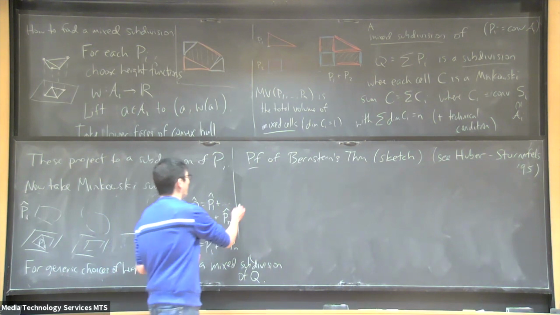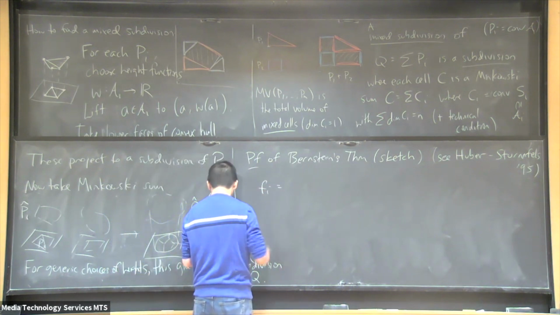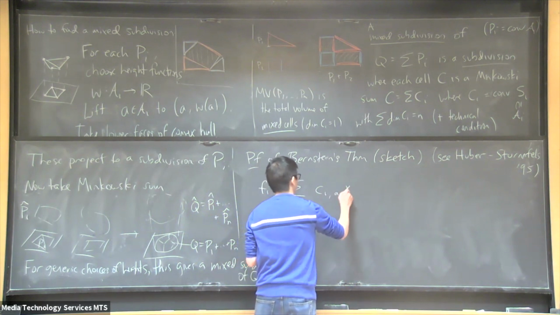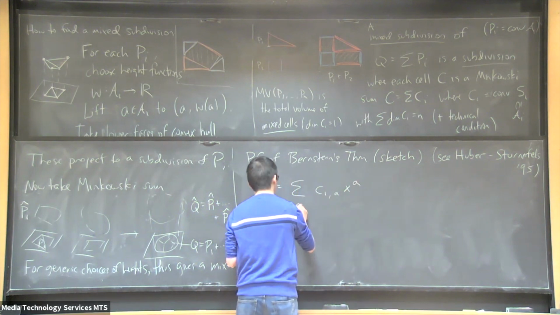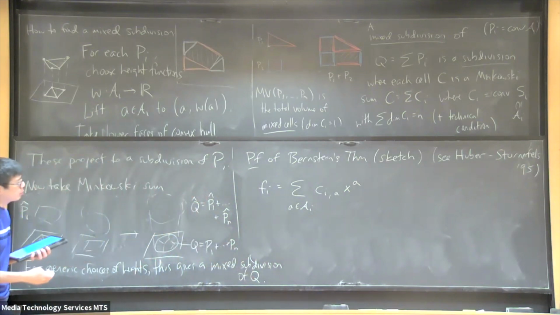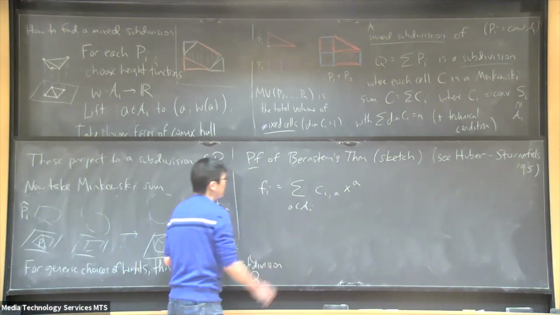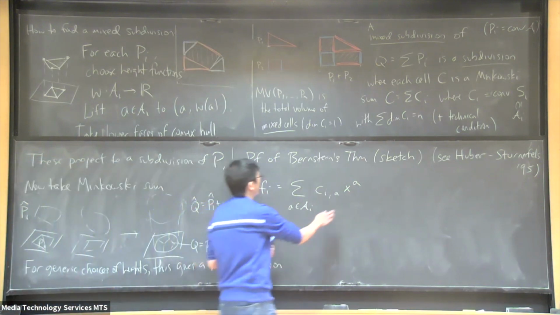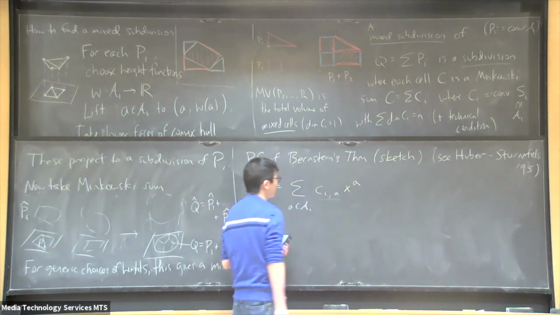So remember that we have this polynomial system, which looks something like this. We had all these f_i, we fixed their support, namely these A_i, and then we chose generic coefficients.